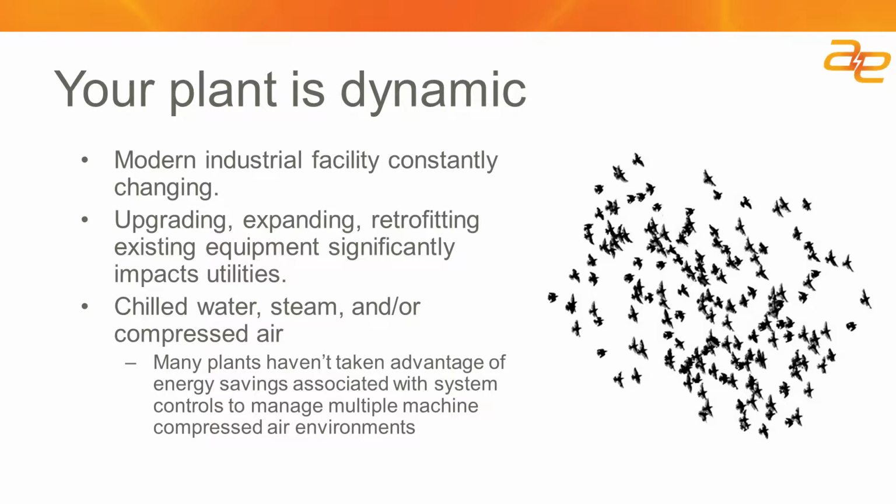As a result, oftentimes we find that the cost associated with various utilities, whether it be chilled water, steam, and compressed air, also increase as you expand and as the lifetime of a facility increases. Really what we want to do is be aware of this constant dynamic and come up with ways that we can address this constantly changing environment while providing the necessary resources to operate the facility, but also do it in an economic and environmentally friendly manner.